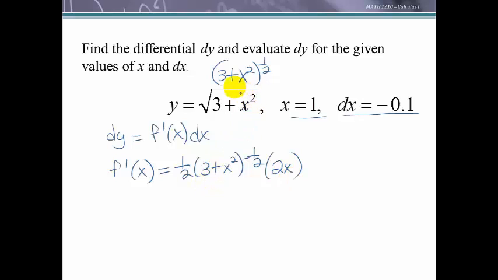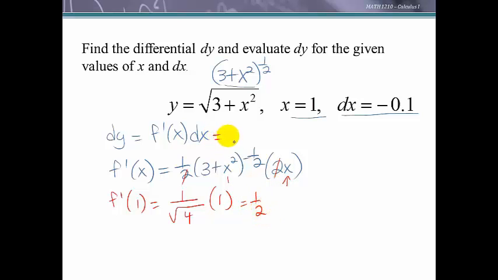The derivative of what's inside here is 2x, and I can cancel these 2's. Let's find out what this derivative is when x equals 1. Putting a 1 here, I would have 1 over the square root of 4, and then I also put a 1 for the x right here. So it looks like I get 1/2.